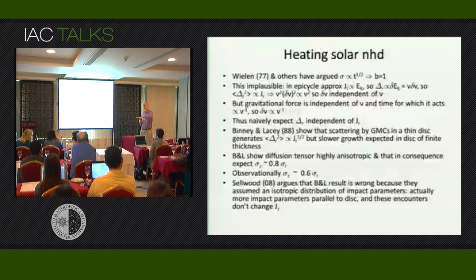So in this process you imagine that your disk is perfectly planar, so it's infinitely thin, and through this two-dimensional world there wander giant molecular clouds. And it was really a considerable achievement, I think, of Spitzer and Schwarzschild to do this in 1953, because in 1953 there was precisely no evidence for giant molecular clouds.